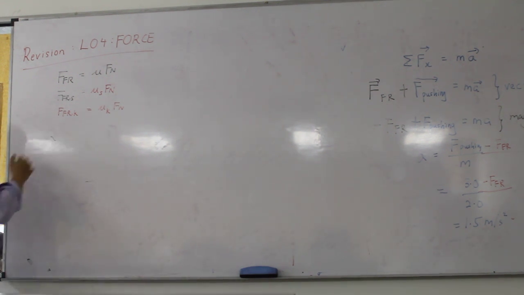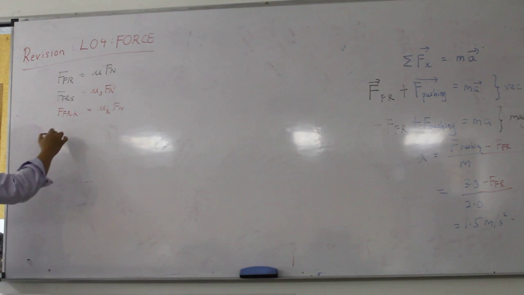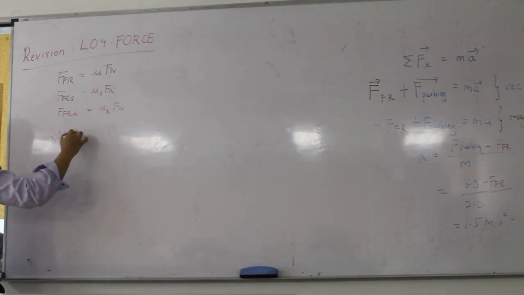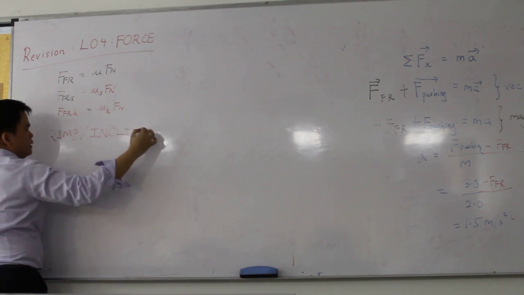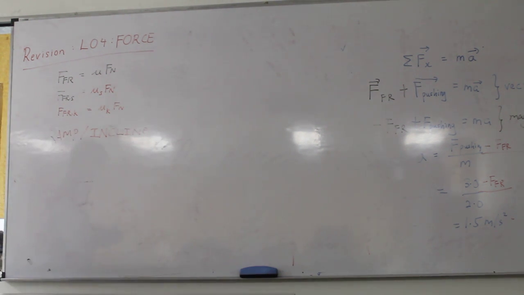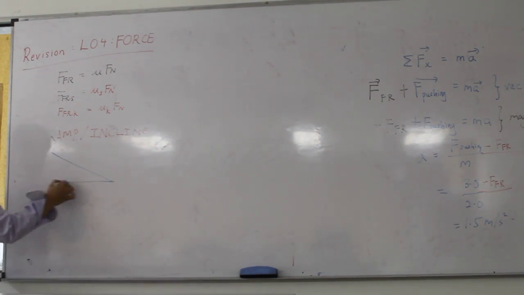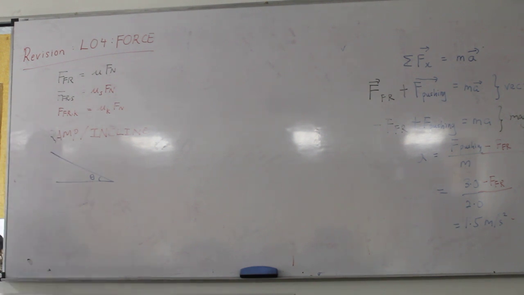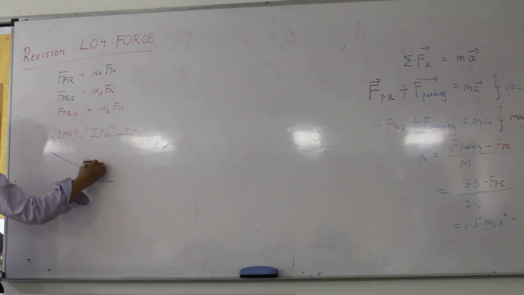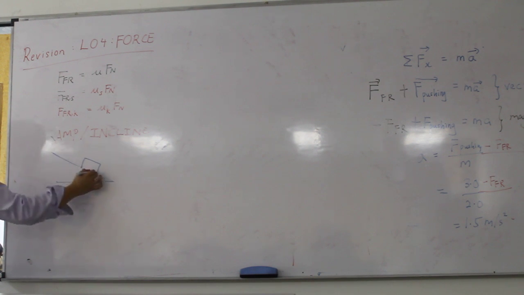It's a question related to the incline or ramp. That is a common question in the test, final exam, or even tutorial. So, let's say there is an incline like this, and there is a theta here, and there is a block here.